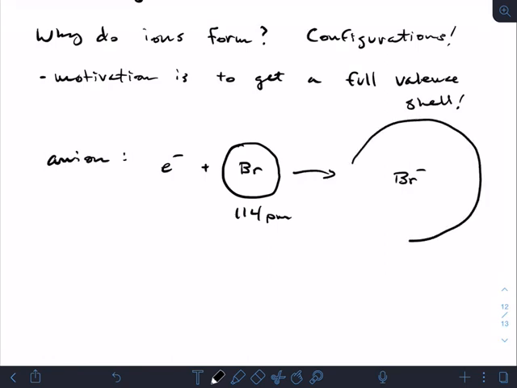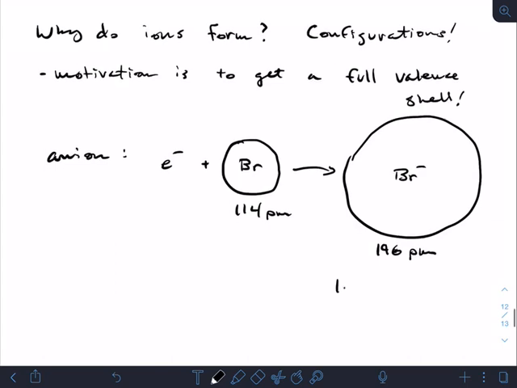And what I get is a Br minus that is now 196 picometers. And there are a couple of reasons for that growth in size.